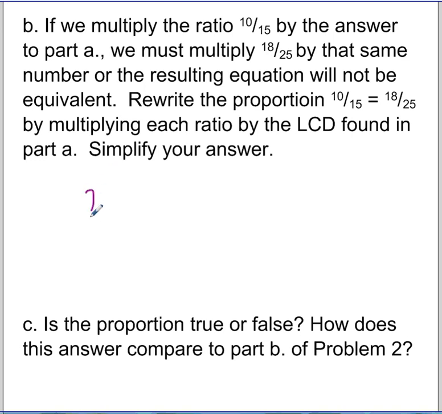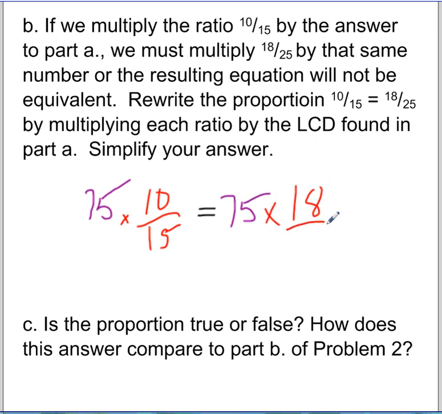So we have our 75 times our 10/15ths, and that's supposed to give us the same number, if they're equivalent fractions, as taking that 75 and multiplying it by our 18/25ths. And when they said we can get our denominator down to 1, this is how.